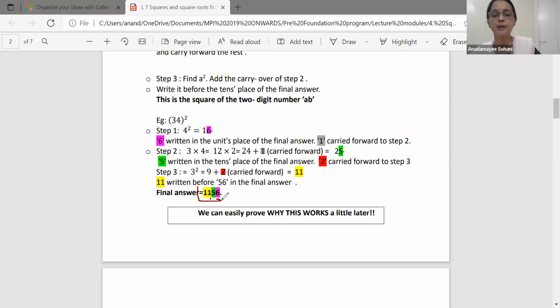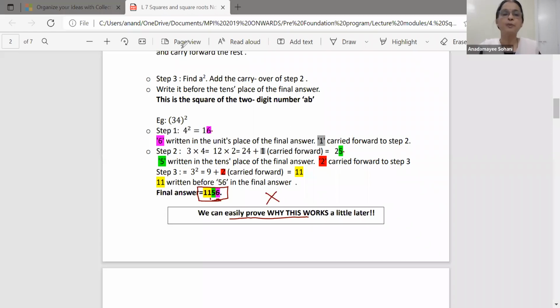So I don't have to multiply. Actually, for 34 by 34, the answer comes in 30 seconds. This is a very, very fast shortcut, and this is not magic. We will very easily prove this, but we need some more tools which you may not have right now.